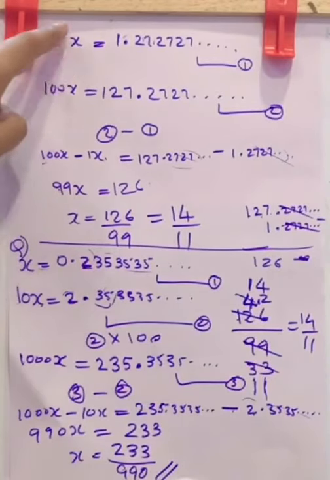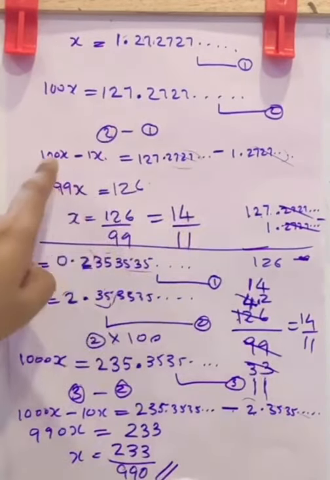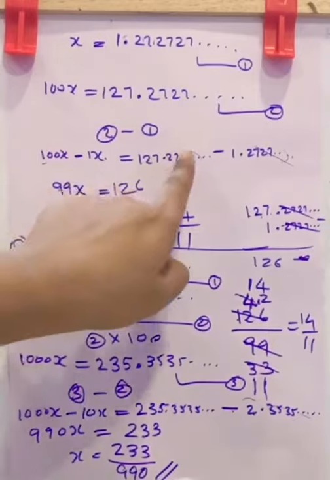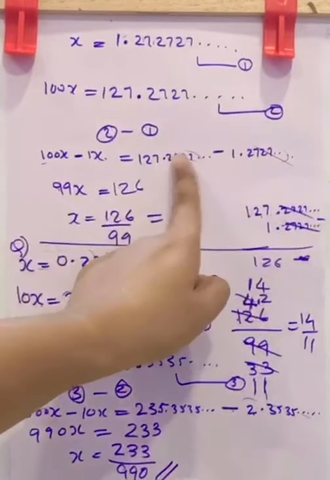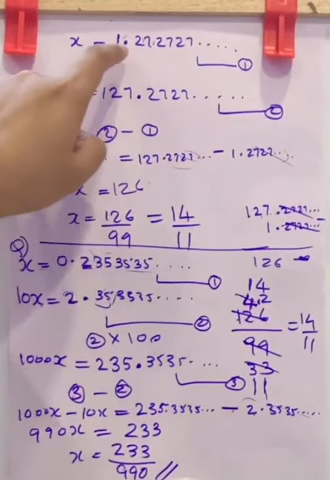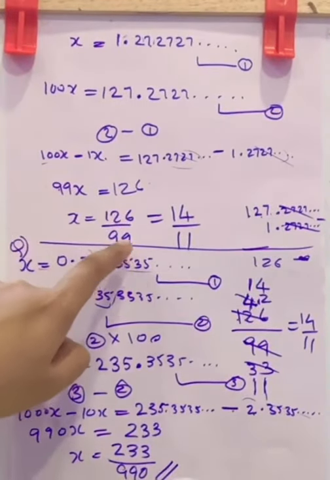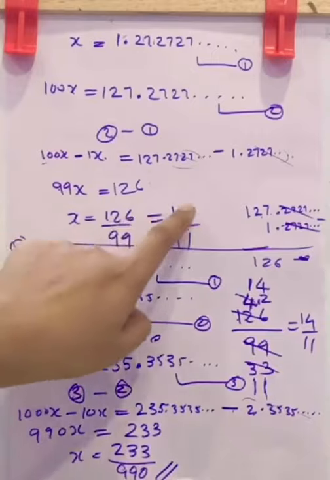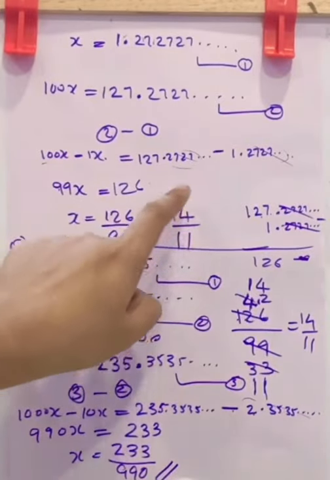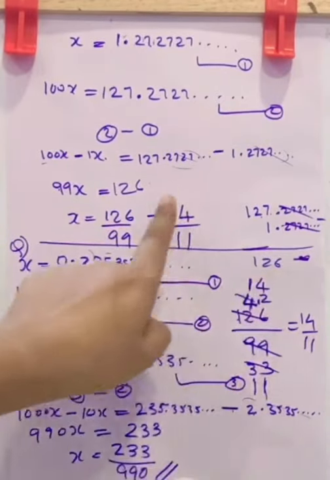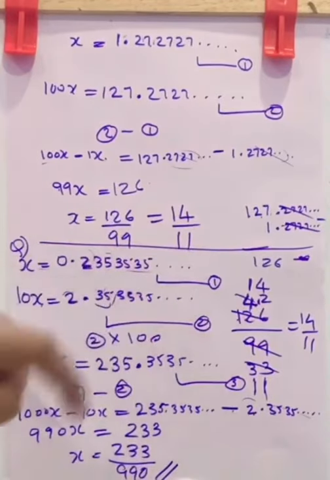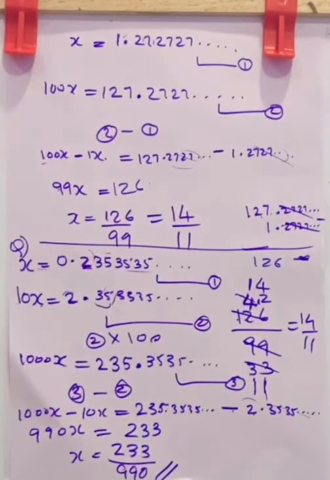So subtracting these two, you will get 100x minus 1x, and this decimal part will be cancelled, and 127 minus 1, you will get 126. Now x is equal to 126 by 99. If it is not in the least form, make it least by dividing with common factors. You will get the least form here. That is the P by Q form. P and Q are in least form.